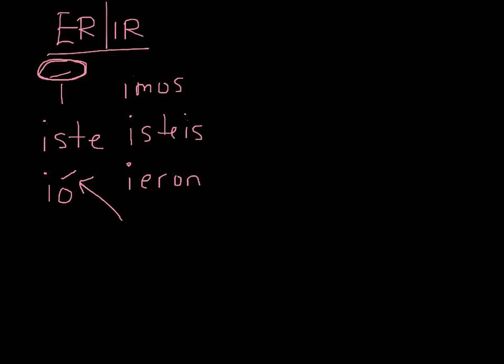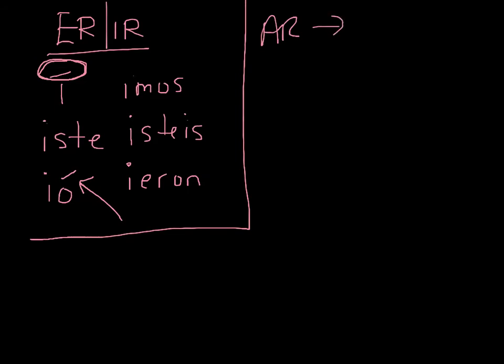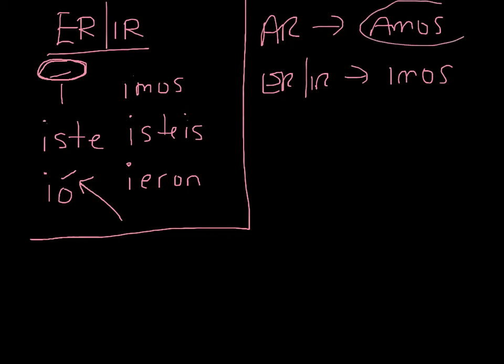Now, you might have noticed one of the things that came up is that with AR verbs in the nosotros form, the ending was amos. In the ER and the IR verbs, the ending in the nosotros form was imos. This creates a small problem for us in that this is also the ending for AR verbs in the present tense, and this is also the ending for IR verbs in the present tense.